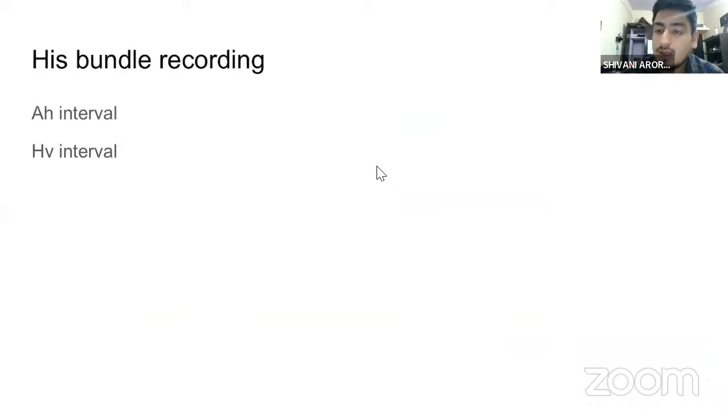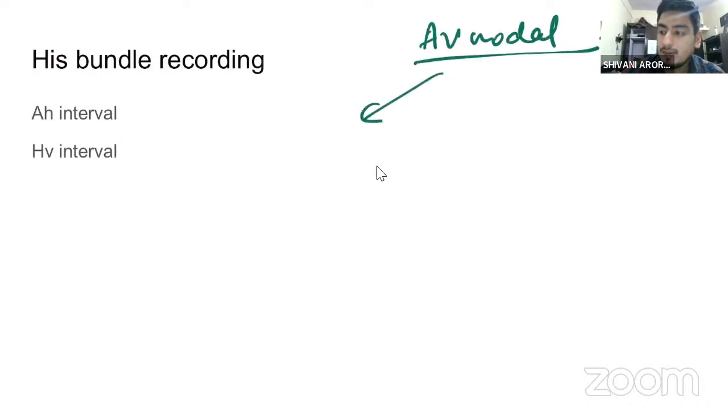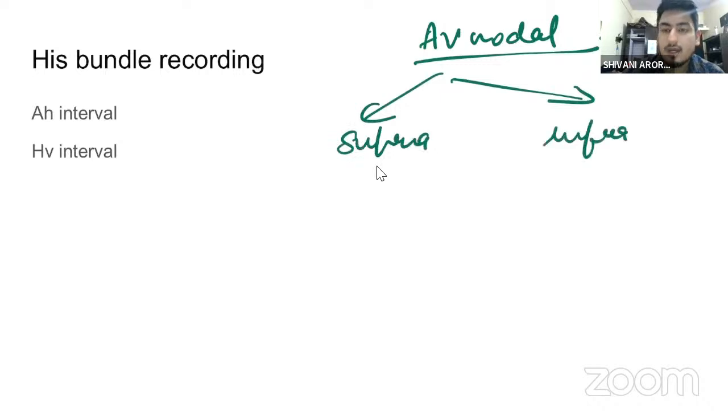Now, since we know that AV nodal blockage can be suprahisian or infrahisian, and we know that this is having poor prognosis.